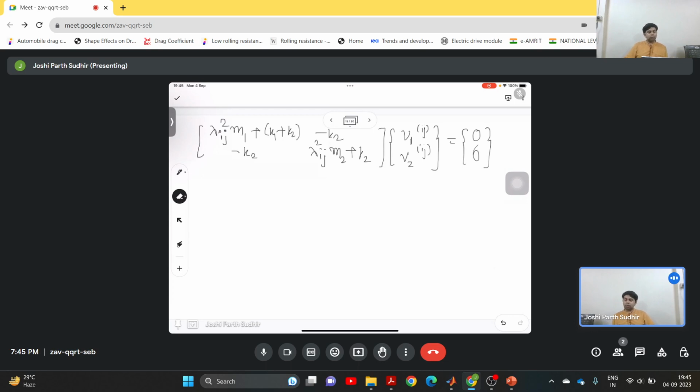So from the first equation we will get that v2 is equal to something into v1.